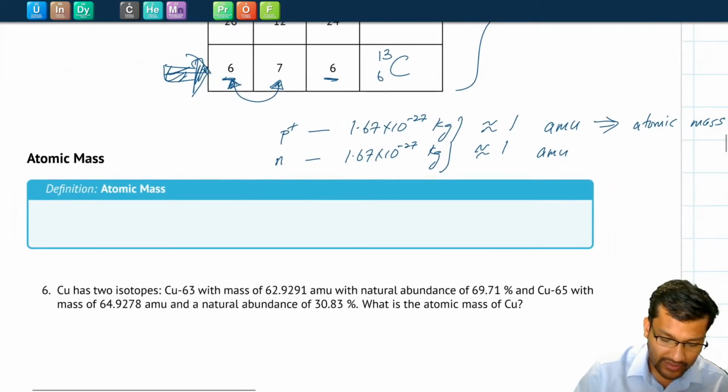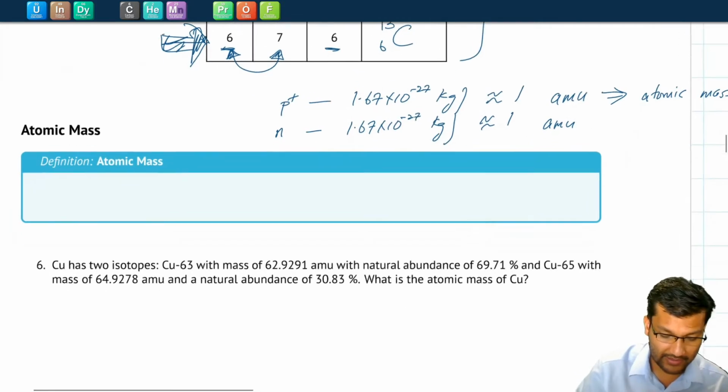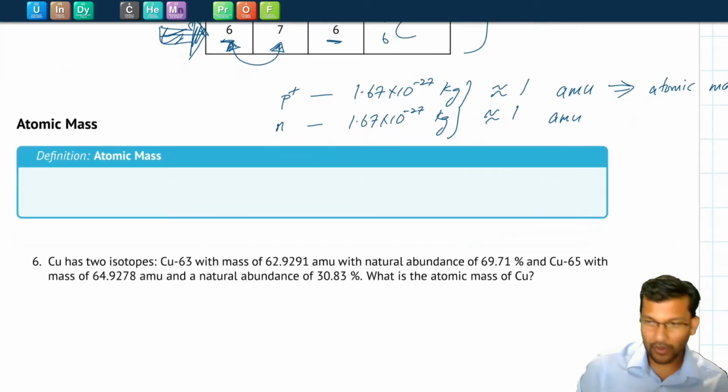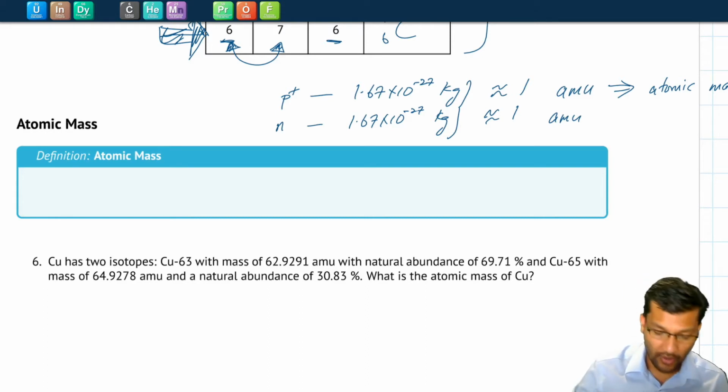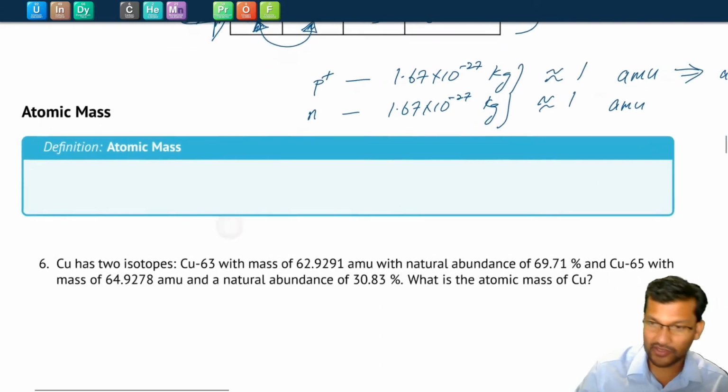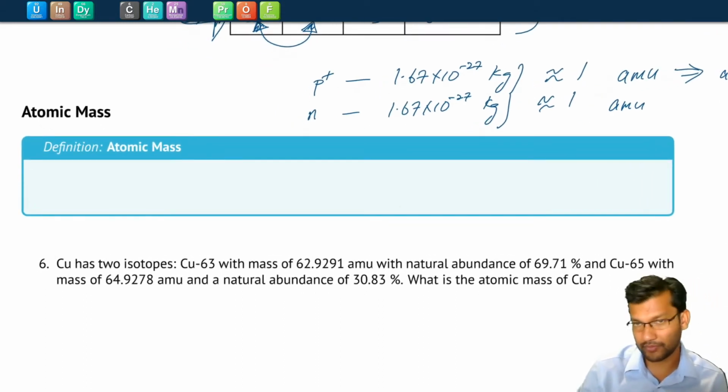So let's look at the atomic mass then. Earlier we looked at how the mass number is the number of protons plus the number of neutrons. Well, really the atomic mass is just the mass of an atom, protons plus neutrons plus electrons, expressed in atomic mass units.